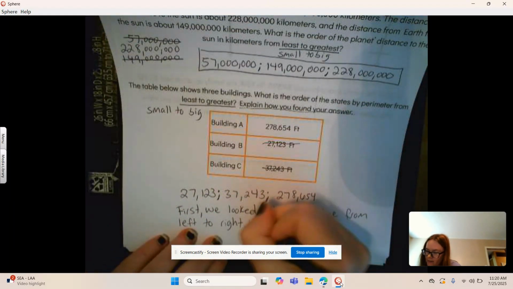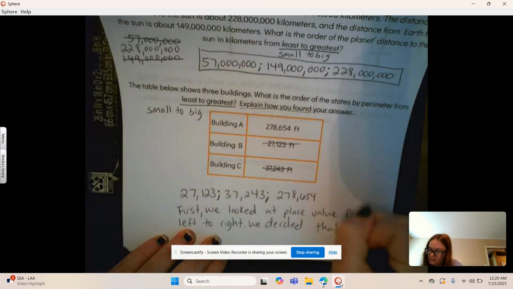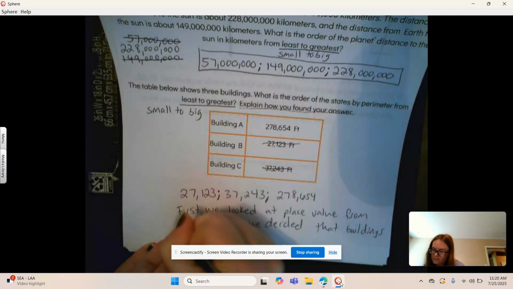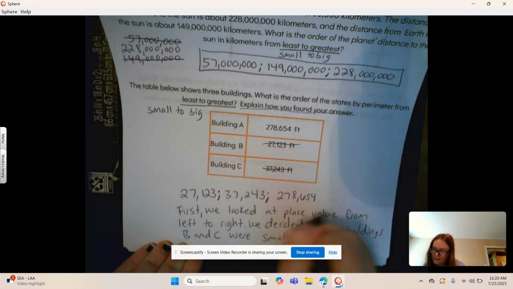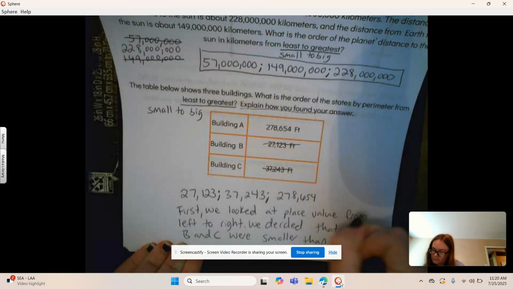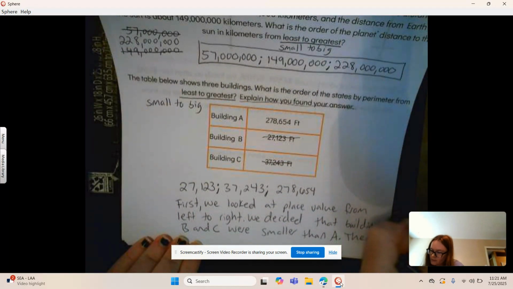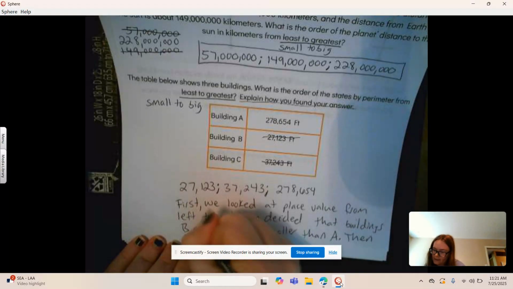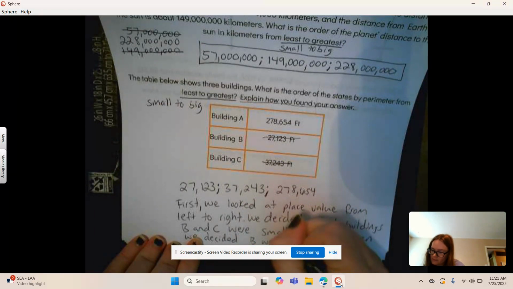We decided that buildings B and C were smaller than A. Then we decided B was smaller than C.